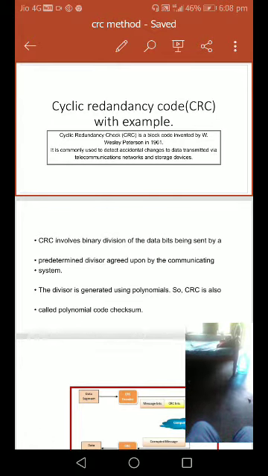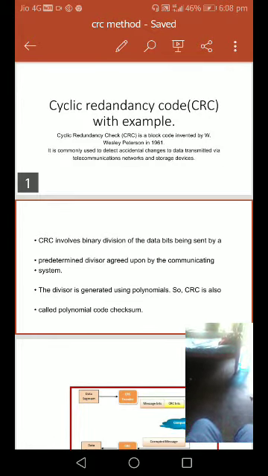This method is an error correction and error detection method.